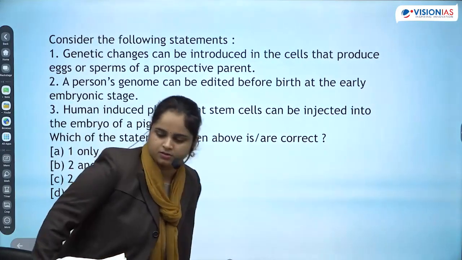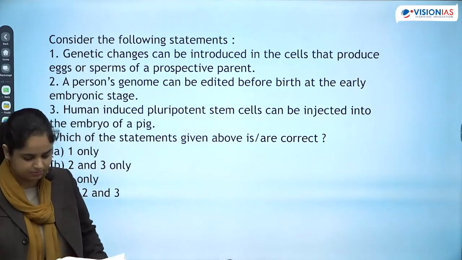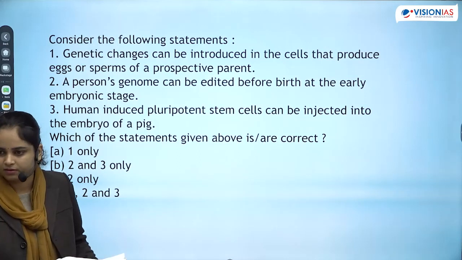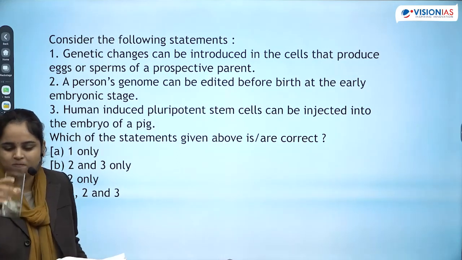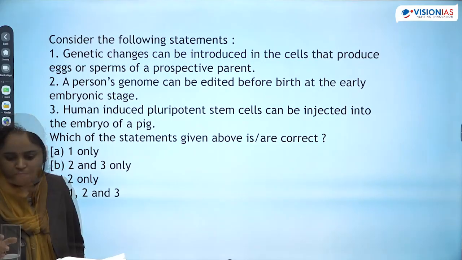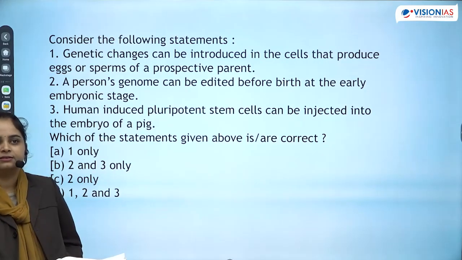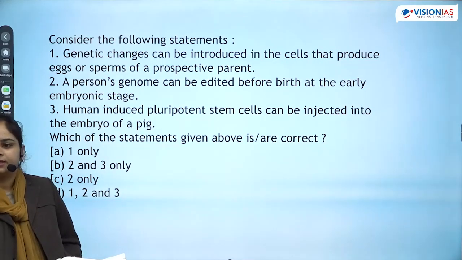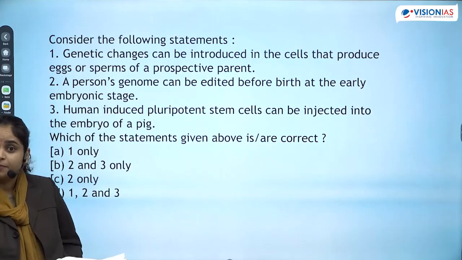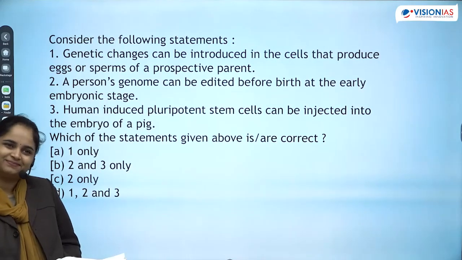This is a UPSC prelims question. बताओ, any answers? D, B, C, A. Any answers online? B. D.